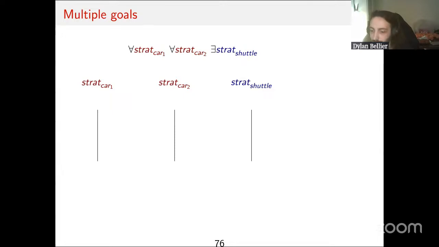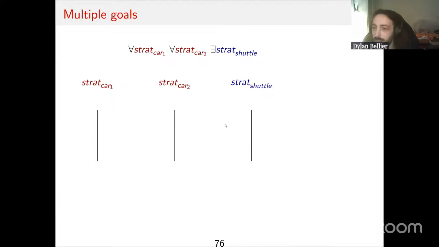And so the shuttle, maybe to avoid collision, needs to go right, but in order to respect traffic protocol, needs to go left. And the question is, which action should I choose at this point in time? I have to choose only one action. I cannot tell exactly which one to choose.